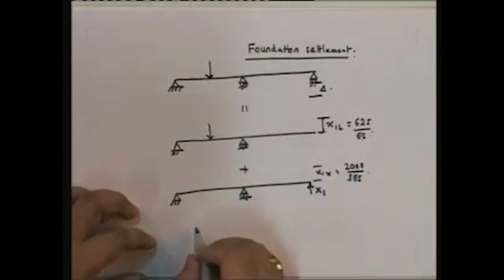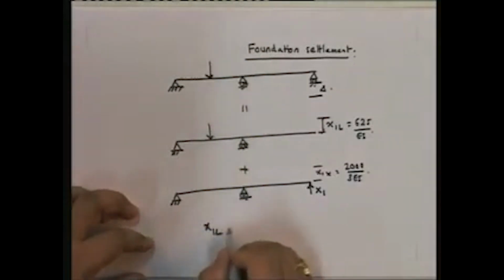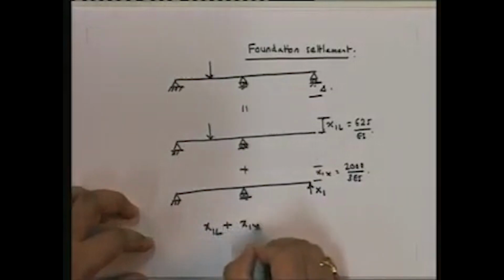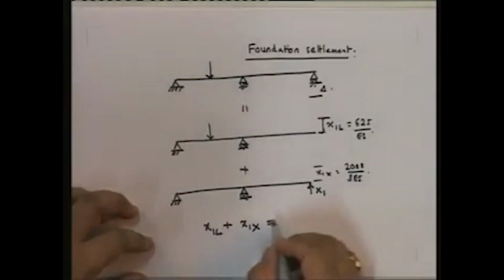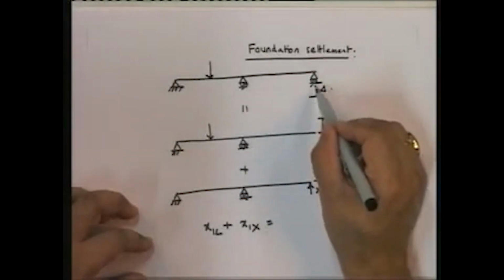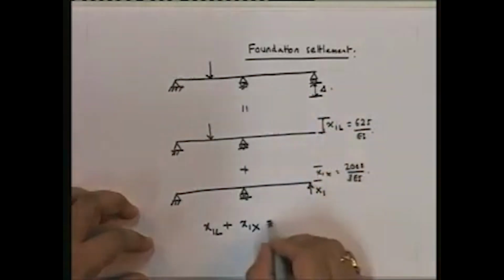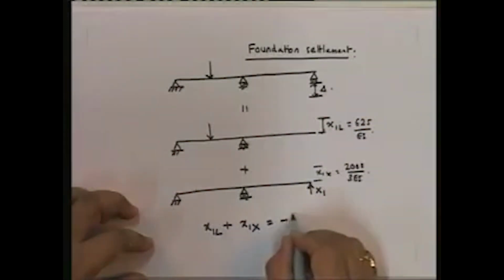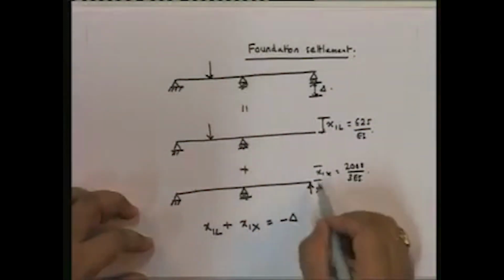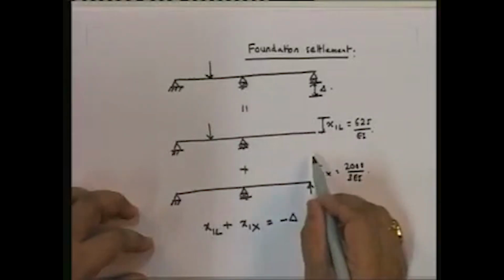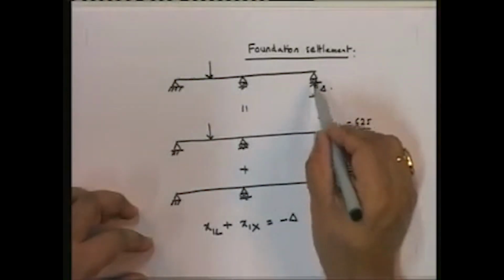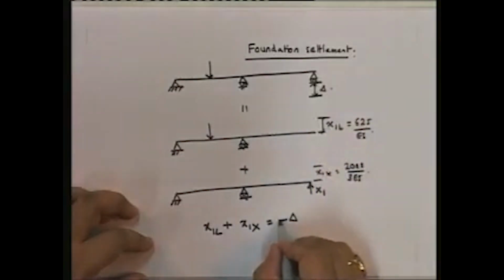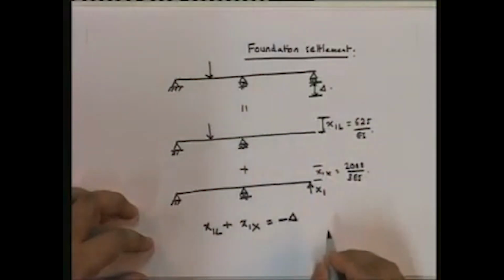However, when you write the compatibility condition, x1L plus x1S is equal to, now instead of 0, the displacement. This is going to be minus delta, because I'm taking upwards as positive, so this delta is actually a negative value.